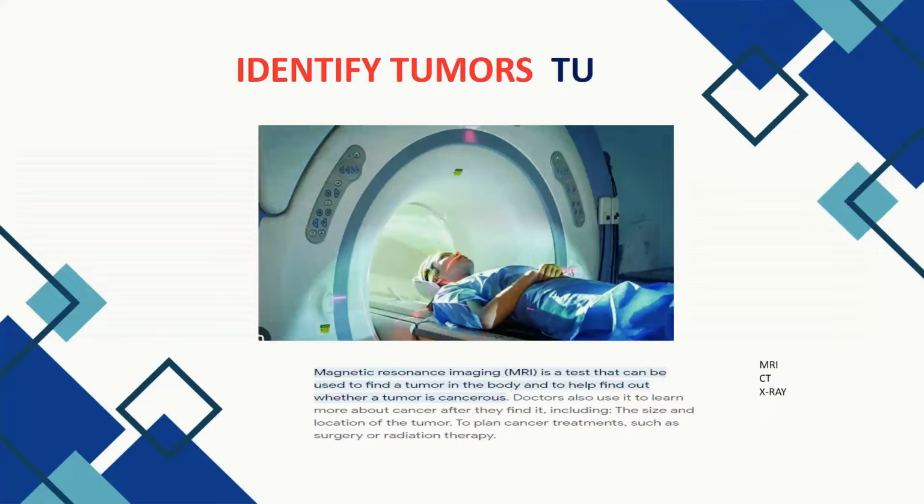For example, you are recruiting cancer related subjects or patients in your study. So how can we identify whether the subject has tumors or not? We are doing one type of cancer, so whether that type of cancer is there in the subject or not, by using MRI, CT scan, X-rays.